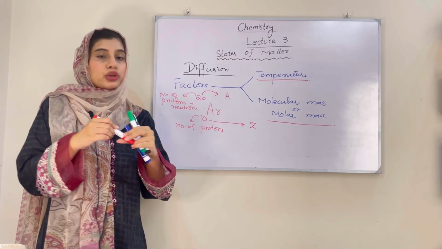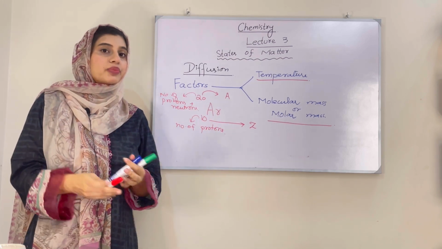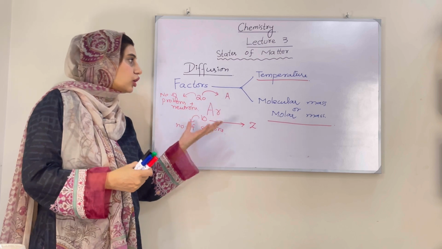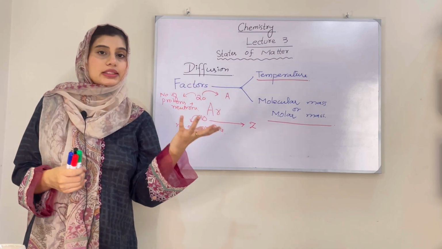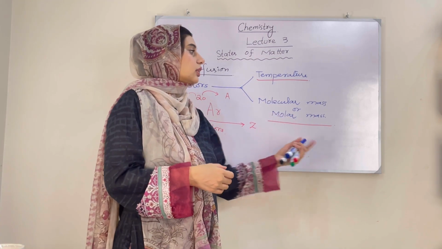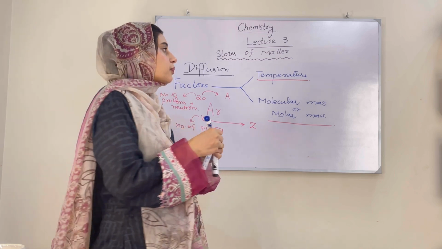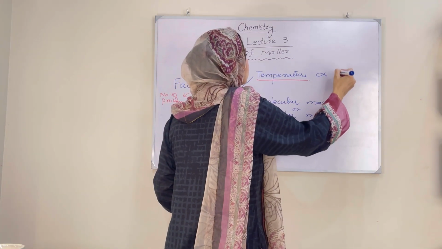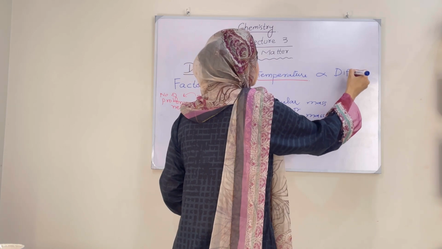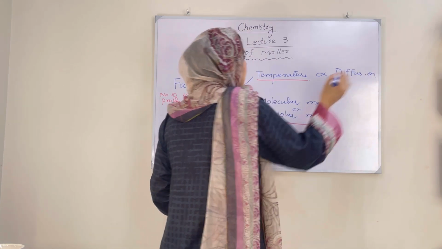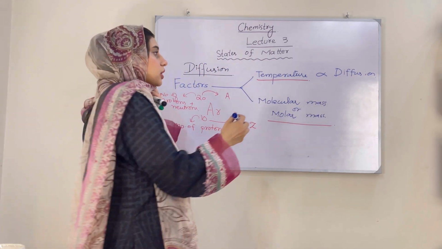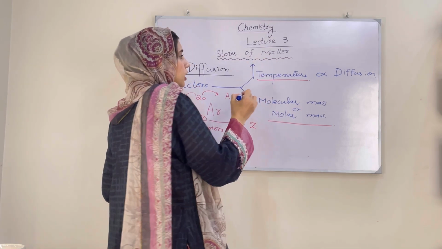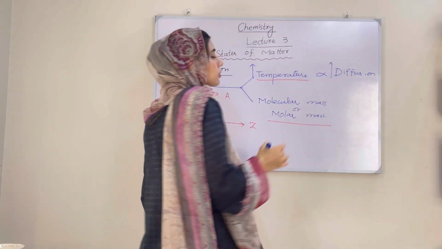Now I am going to give you an experimental example in which you will understand how the rate of diffusion depends on mass. Let me tell you a relationship as well. Temperature is directly proportional to diffusion. That means when the temperature is increasing, diffusion is increasing.